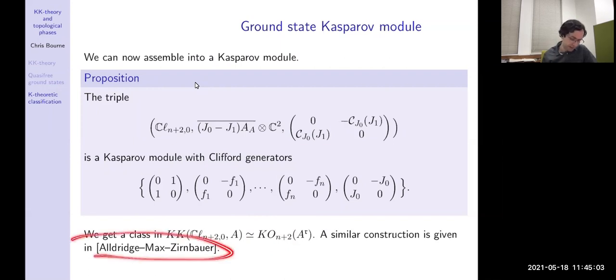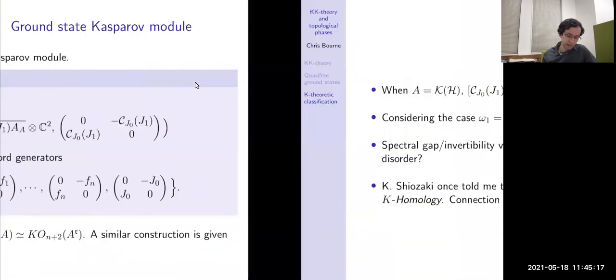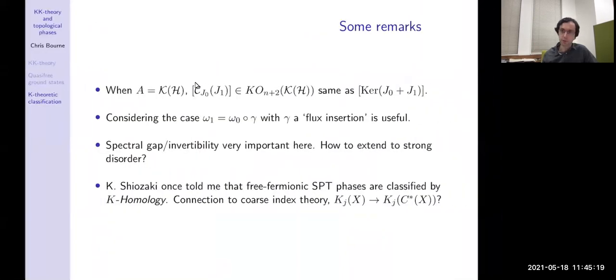This is basically the construction done in this paper, coming out of Christopher Max's thesis, but done in a slightly different way. You can also see something very similar in this paper. Okay, time is up. I have a few remarks, but you can read them at your own leisure, and I will stop there. Thank you for your attention.